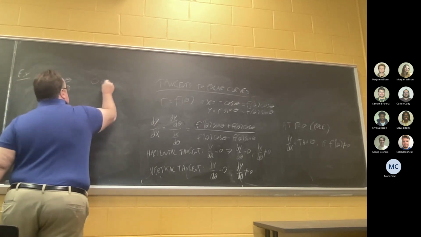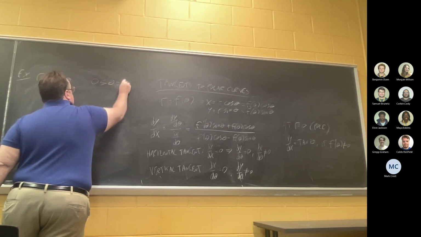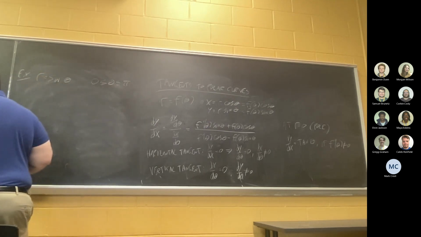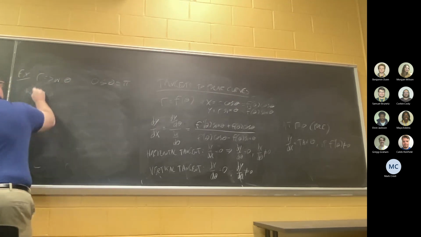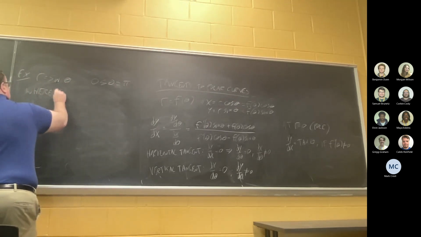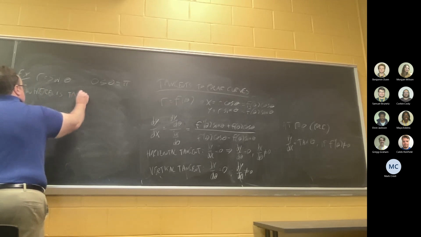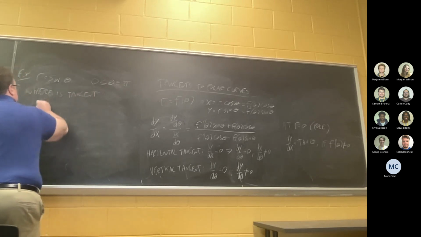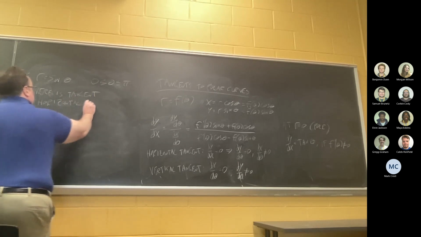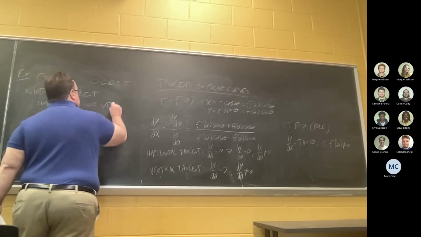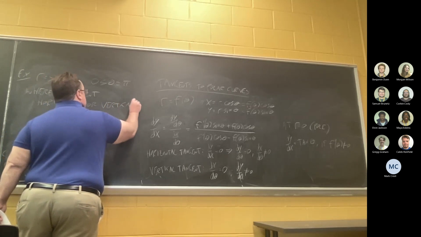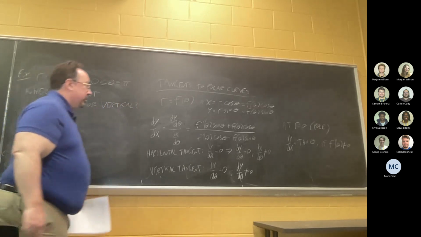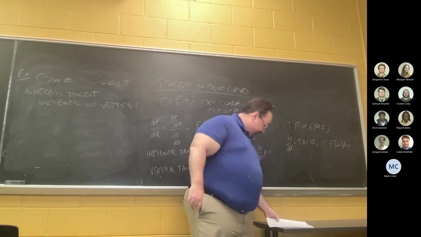We'll only consider theta between 0 and pi. Where is the tangent line horizontal? Horizontal or vertical? Okay.